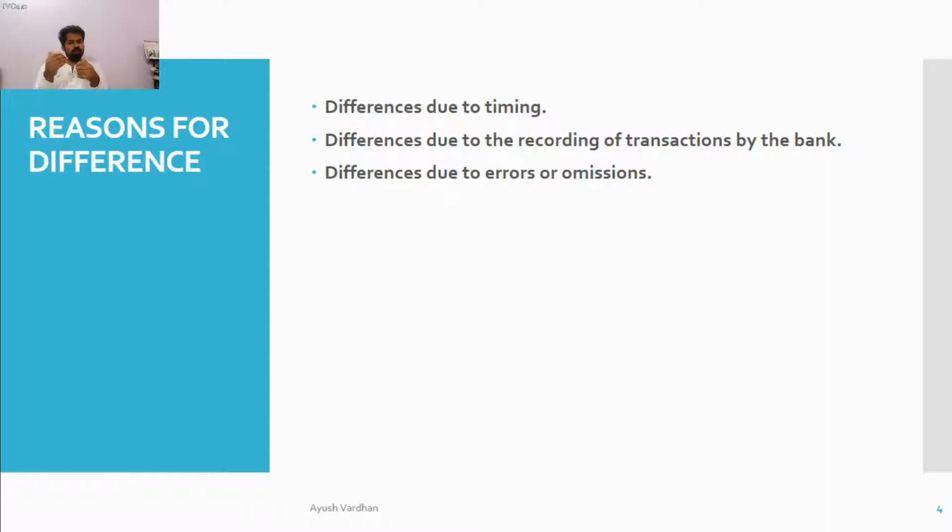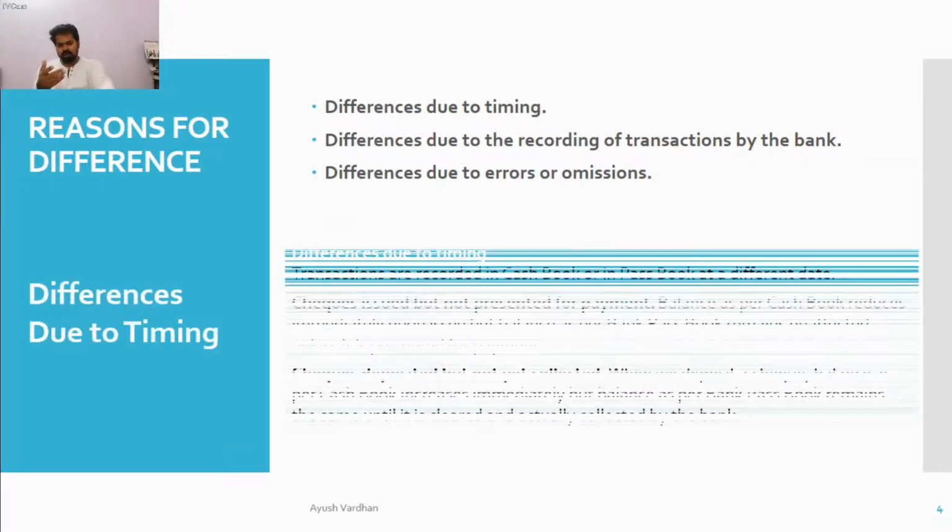So what could be the reasons? The first reason could be due to timing of transactions. Another reason could be the recording of transactions by the bank. The same transactions are not being recorded at the same times, or there are some errors.